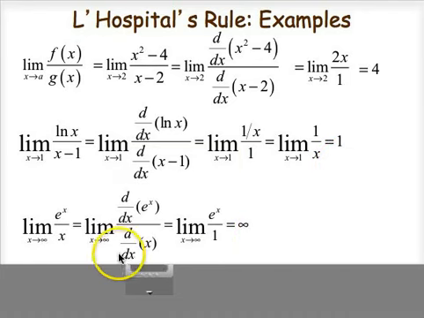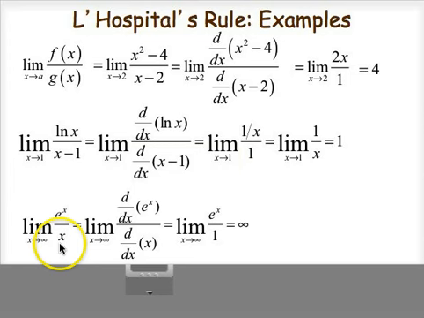All right, here's another example. We're going to take the limit as x approaches infinity of e to the x over x. Well, if I stick infinity into e to the x, I will get infinity. And if I stick infinity into here, I will also get infinity. Hopefully you see that this function as x gets large approaches infinity, and this function as x gets large approaches infinity.